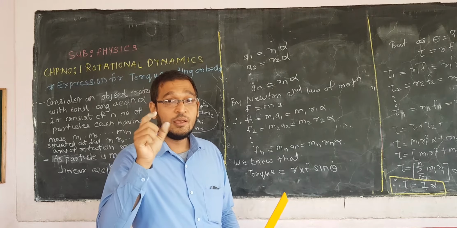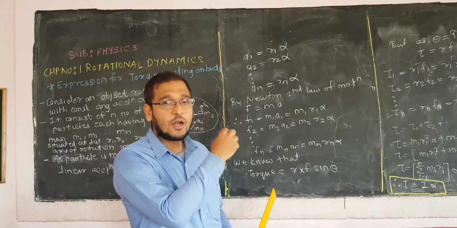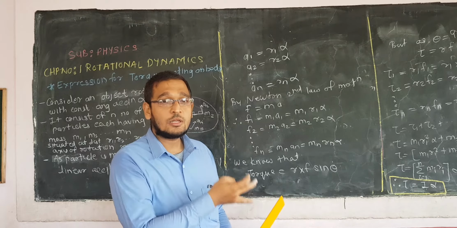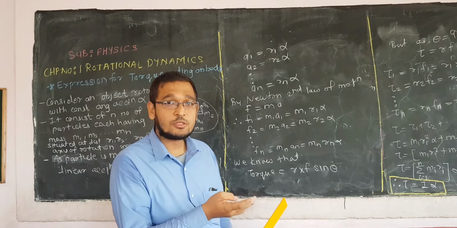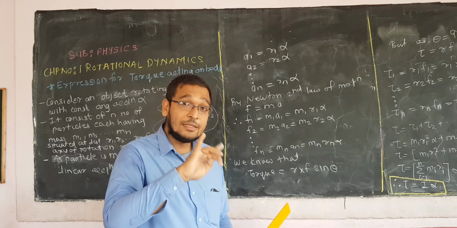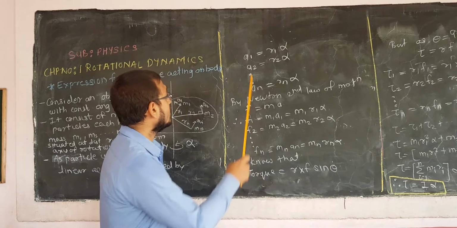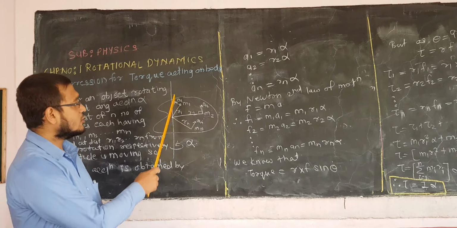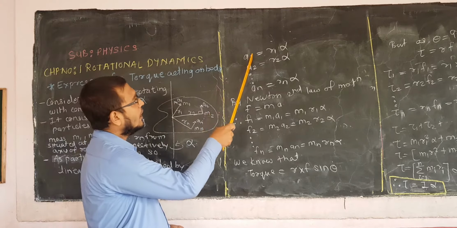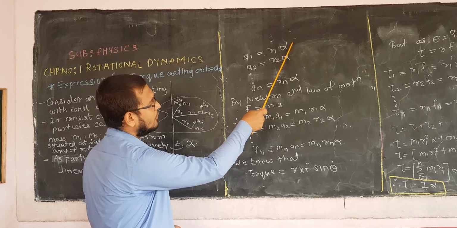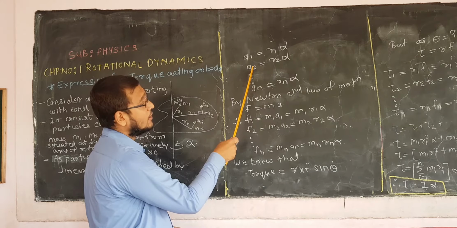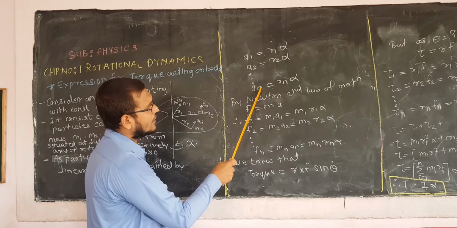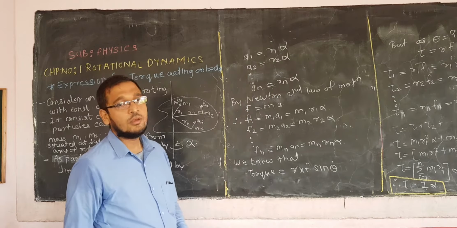We studied this in the initial part of this chapter, the relation between linear velocity and angular velocity, and between linear acceleration and angular acceleration. a equals r alpha. So the linear acceleration of the first particle, a1, is r1 alpha. Of the second particle, a2 equals r2 alpha. Similarly of the nth particle, an equals rn alpha.